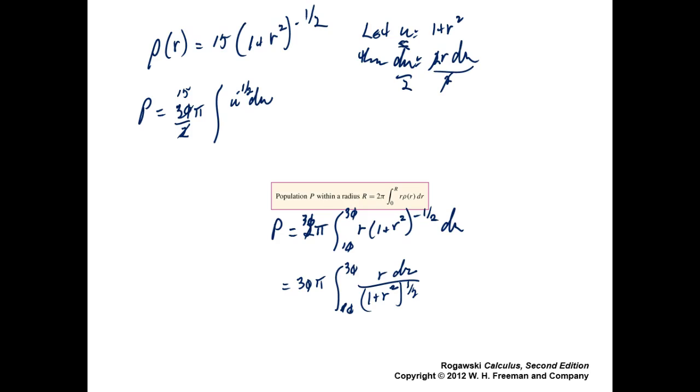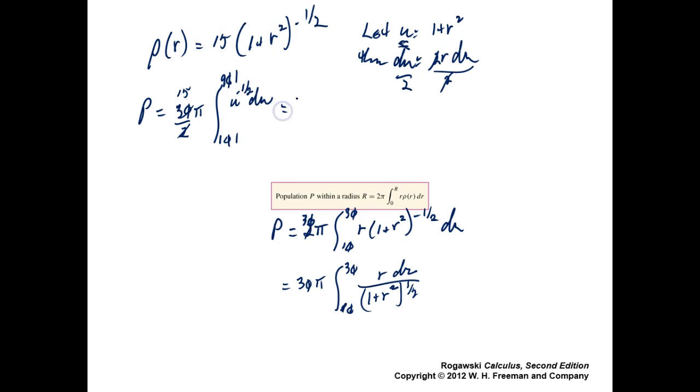When R is 10, what is U? 101. Looks like some big numbers coming up here. And when R is 30, what is your U? 901. I'm wondering if I want to do it this way. Okay, let's see what happens.